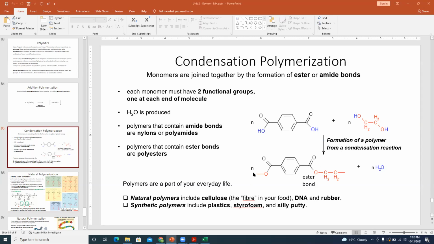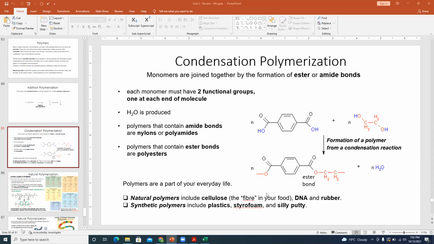But what you have to remember is that these are some synthetic examples of polymers, but polymers, whether they be synthetic in the form of plastics, nylons, polyesters, styrofoam, or they can also be natural polymers such as cellulose.